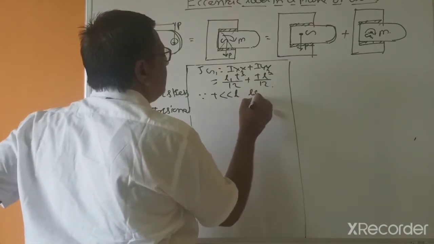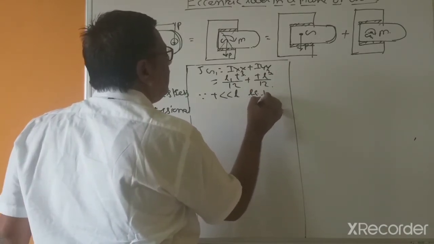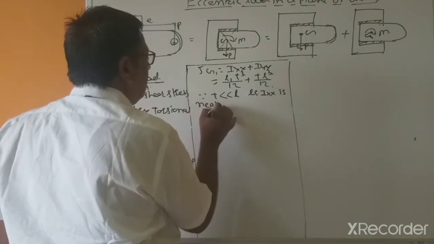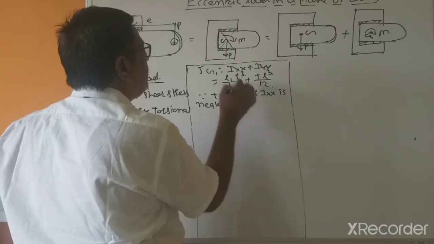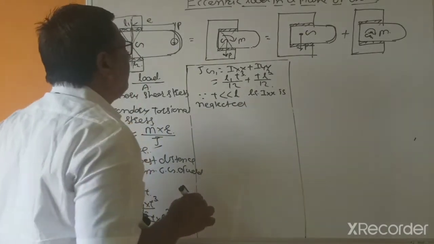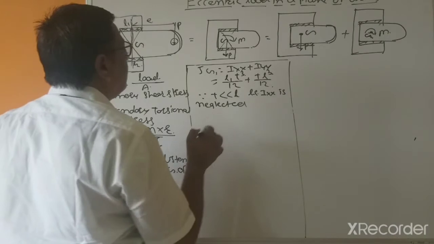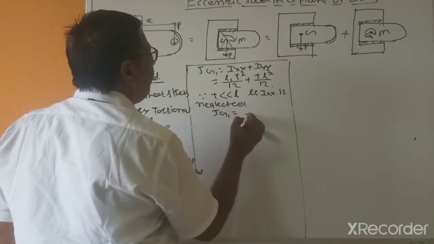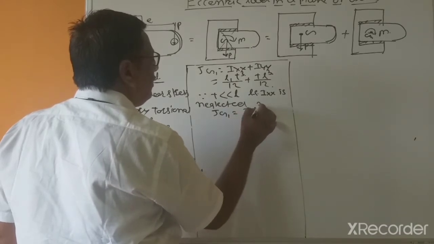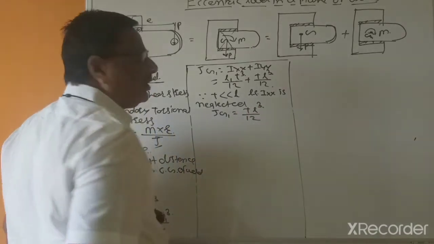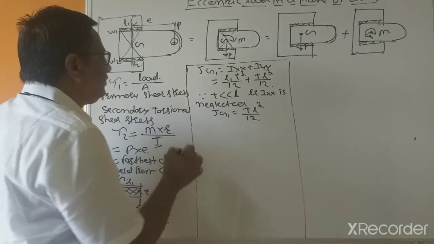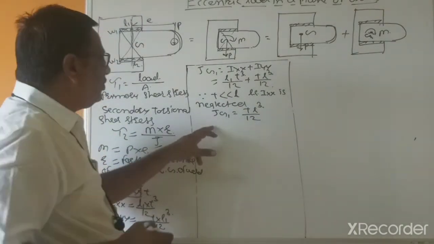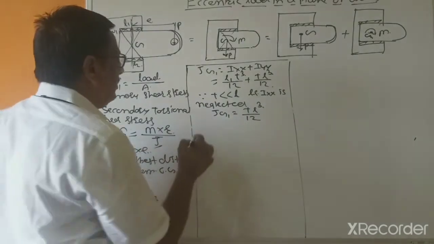Ixx is neglected. That's why Jg1 equals only TL cube divided by 12. Now this is the polar moment of inertia of the first weld.